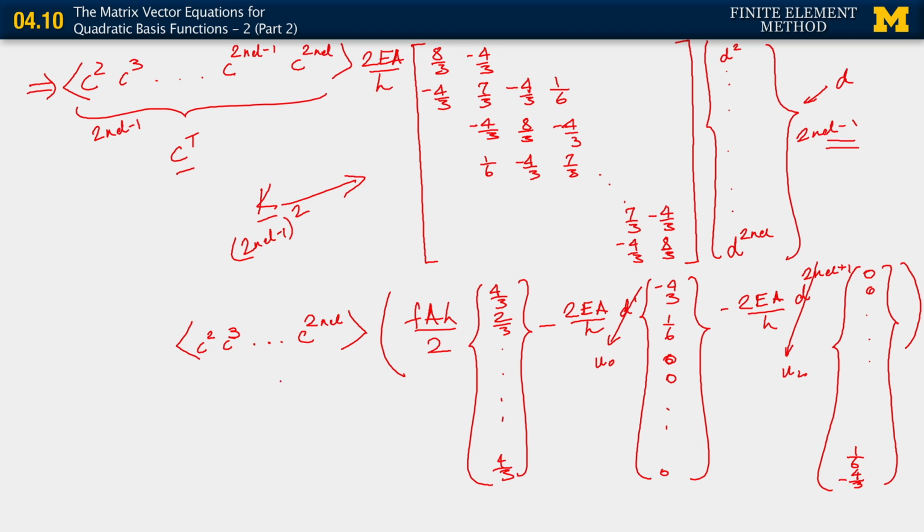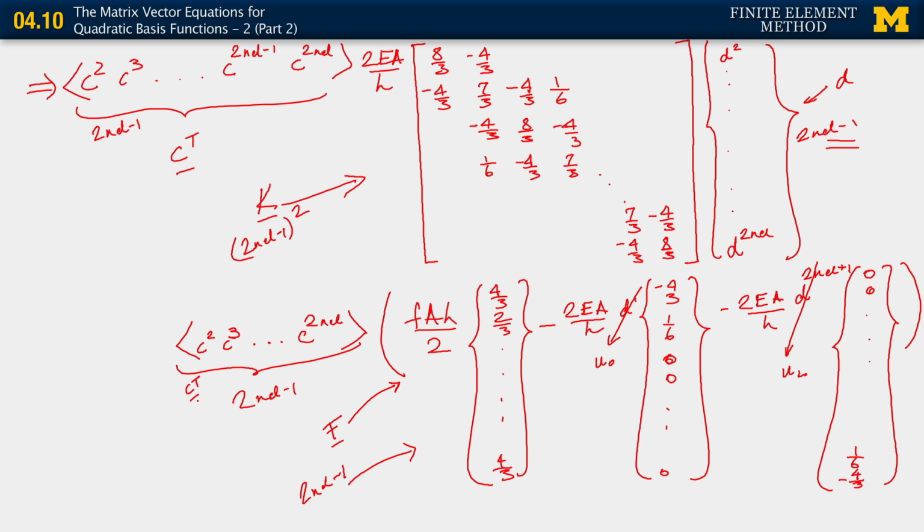It is a square matrix. C again is 2NEL minus 1. The entire vector here has dimensions 2NEL minus 1. This is our F vector. Everything sitting inside these parentheses is our F vector. This, of course, is C transpose.